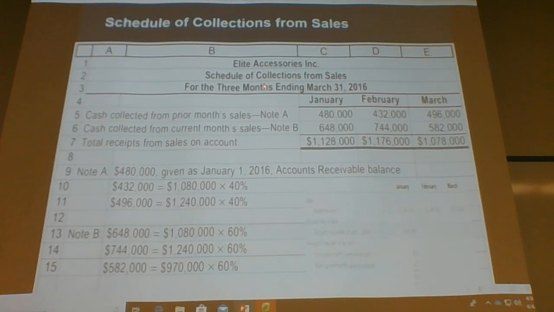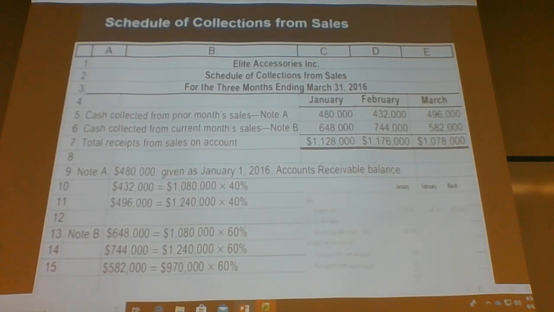But we have a schedule of collections or cash receipts for the first quarter of the year, and we've already calculated February, but we also have both January and March here. And so we said that $480,000 represents 40% of the December sales made on account in December. And so for January, we're going to make the assumption that we're collecting that 480,000.